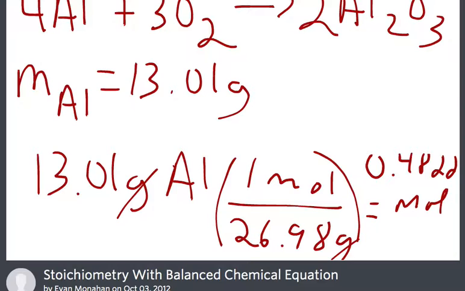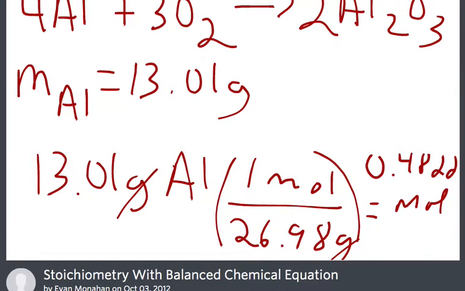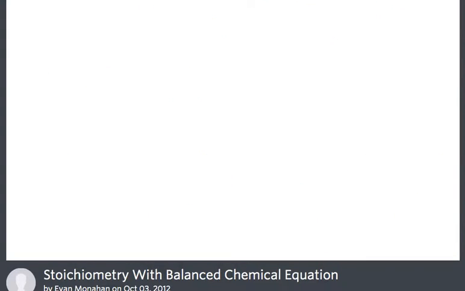So now I have to figure out how much aluminum oxide that 0.4822 moles of aluminum will get me. Alright, so step 3 is going to be to use my moles of the known substance to find out how many moles of the unknown substance I can make, or that I need, depending on the question.